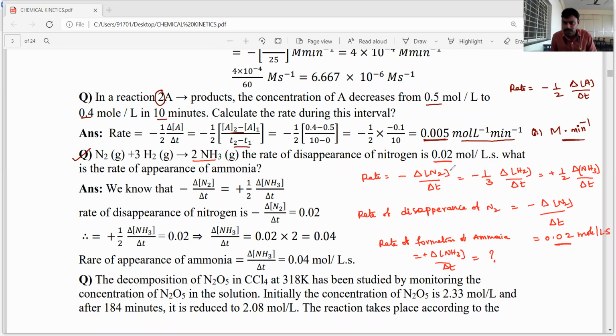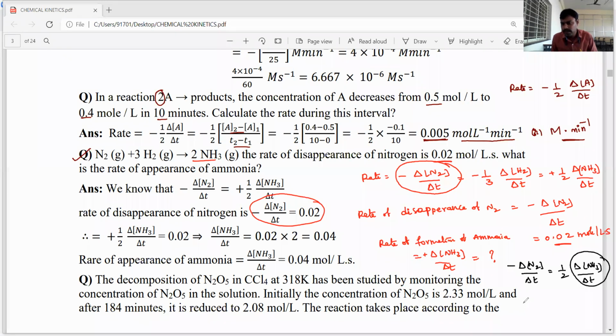In this question, minus delta N2 by delta T equals 0.02, as given, and we know the relation. What is the relation, dear students? The relation is minus delta N2 by delta T equals half delta NH3 by delta T. There, the delta NH3 by delta T value we need to find out.